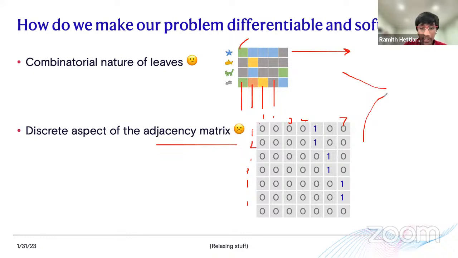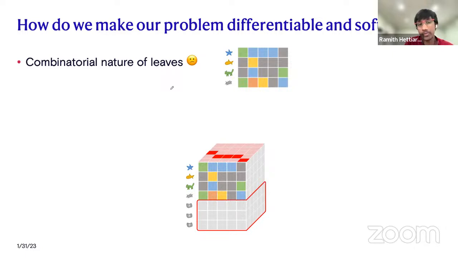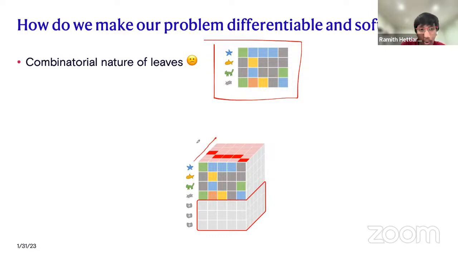So we have to approach these two problems in order to traverse this tree and sequence space in a differentiable manner. We'll look at the first problem, the nature of leaves or nature of sequences. This is actually a very easy problem. If we have this 2D matrix, we can add another dimension over the number of combinatorial elements. This is called the Gumbel softmax trick. It's very easy to make combinatorial sequences differentiable.